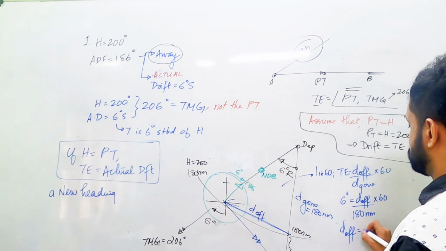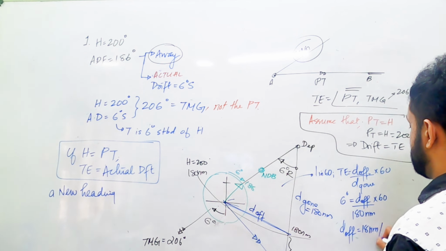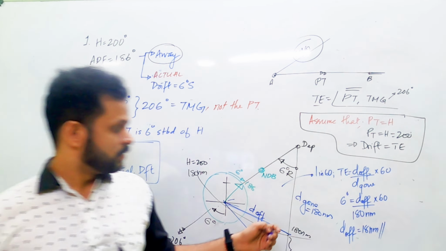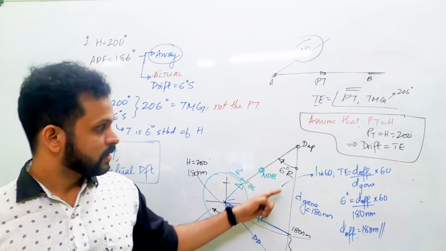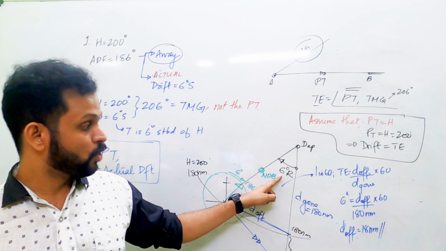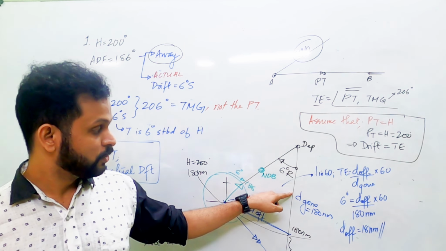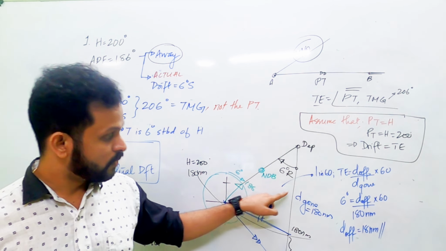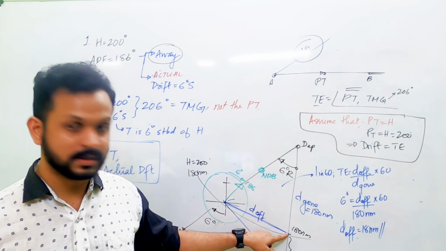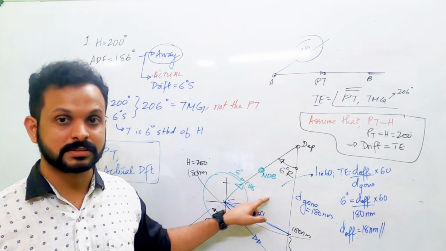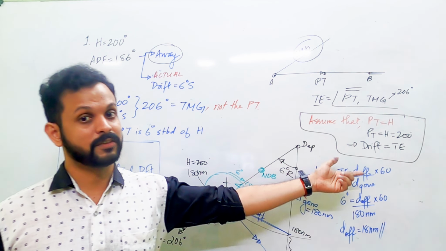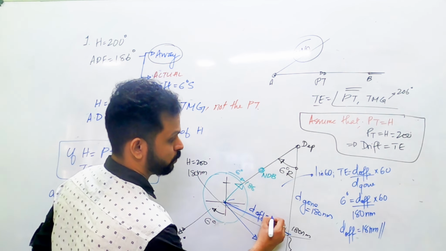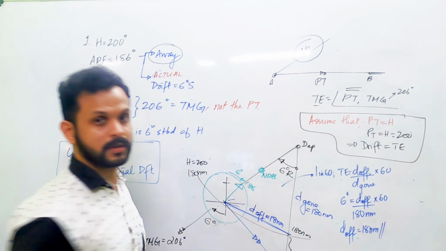It is coming to 18 nautical miles. So you see, 1 in 60 says that if you have a track error of 6 degrees over 60 nautical miles, your distance off is going to be 6 nautical miles. So over 60 plus 60 plus 60, 180, it's going to be 6 plus 6 plus 6, and that's 18. So you don't probably have to use this equation. Even without that, you can find out. So this distance off is going to be 18 nautical miles.